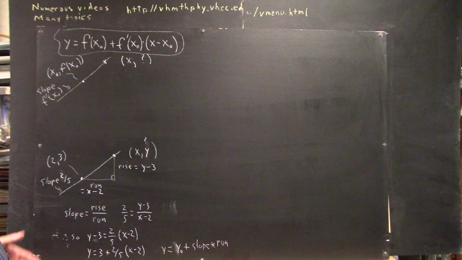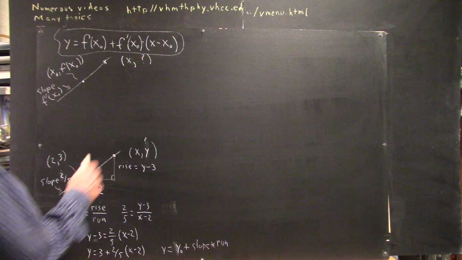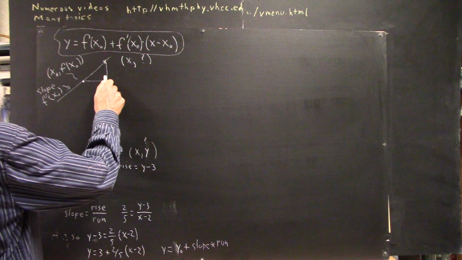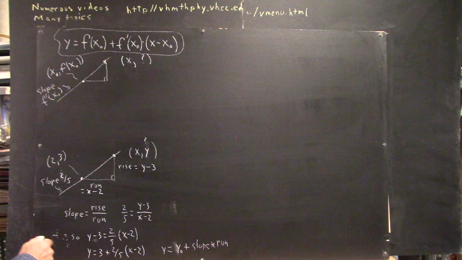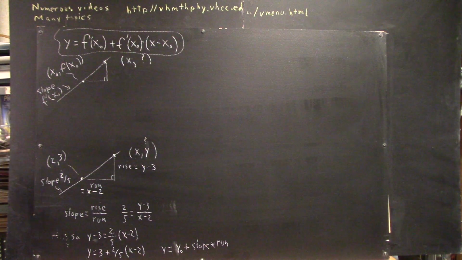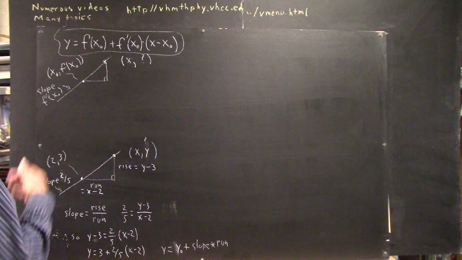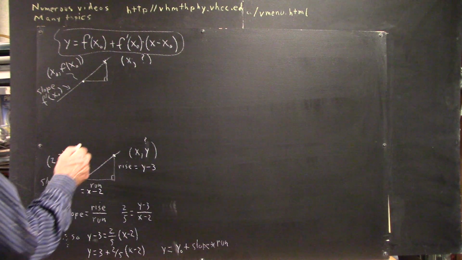Now how does that apply up here? Well, we do the same thing. We always do this, what I call the slope triangle. This is an extremely important triangle. If you're trying to integrate to find arc length, as you will later on in the course, you have to have an expression for the hypotenuse. There are all kinds of reasons that you want this. So what do we have here?